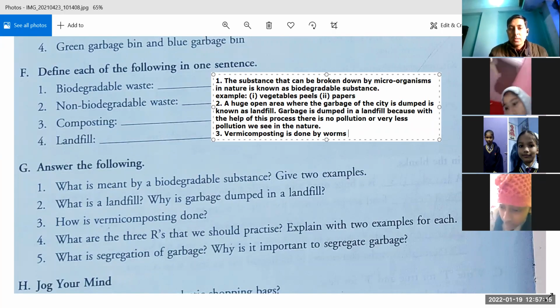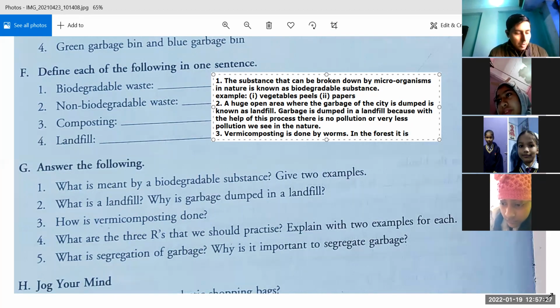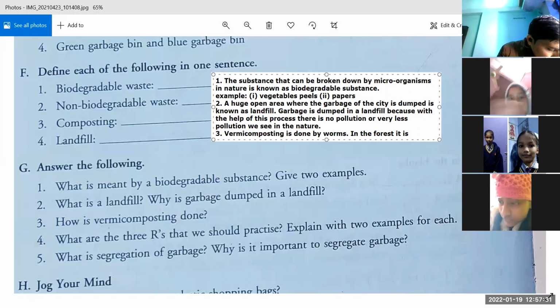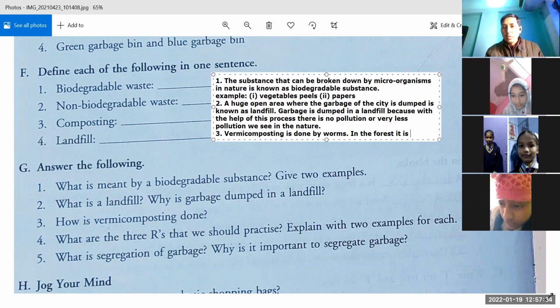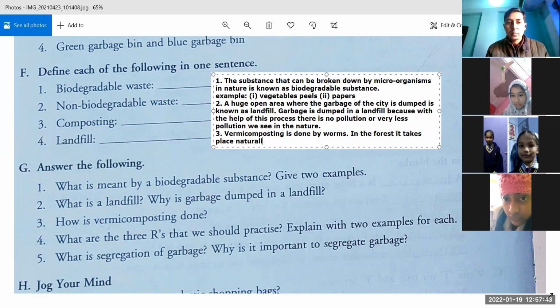By putting commas: in the forest, it takes place naturally.